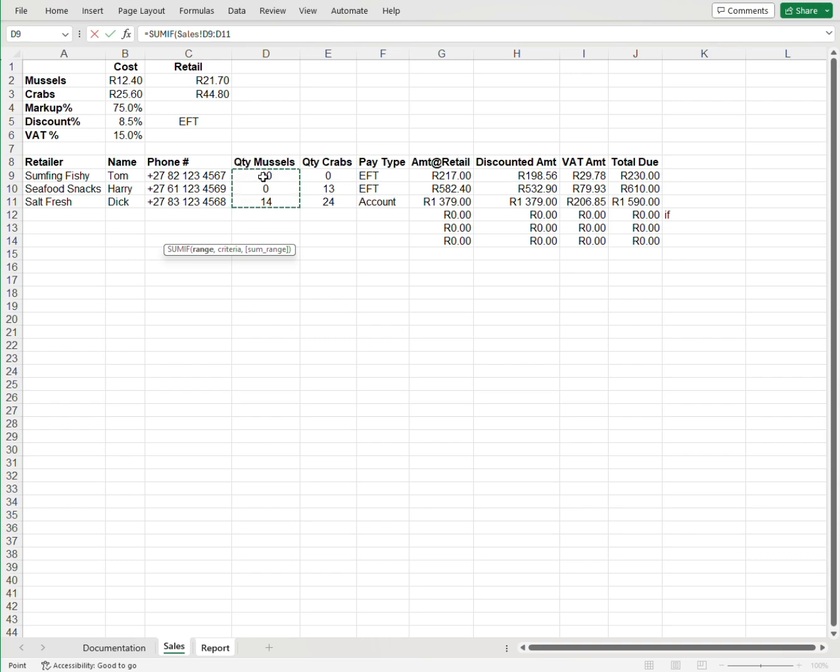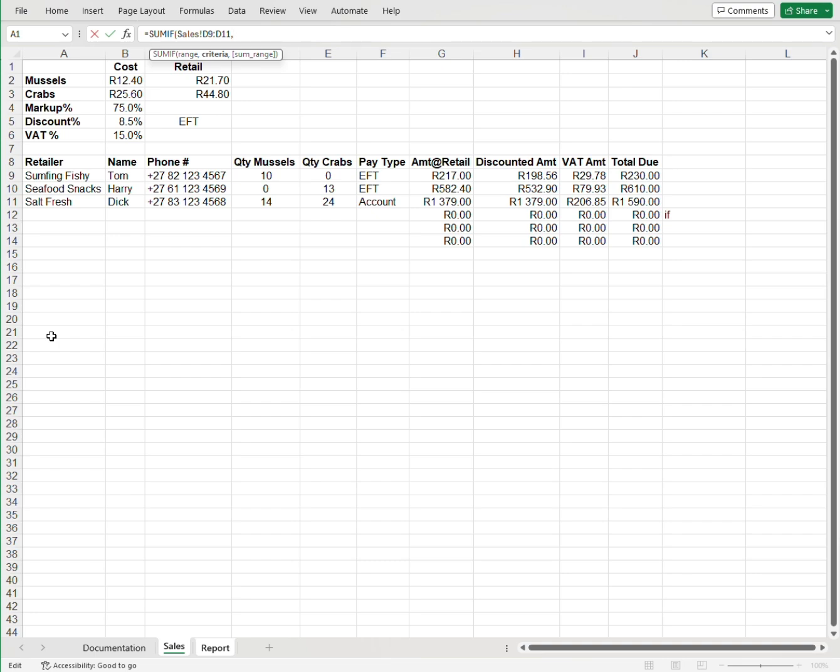So what am I going to do? After selecting this range, note that this range will go with the criteria. My criteria is going to be based on this range. So what am I going to say? I'm going to say greater than 0, like this.